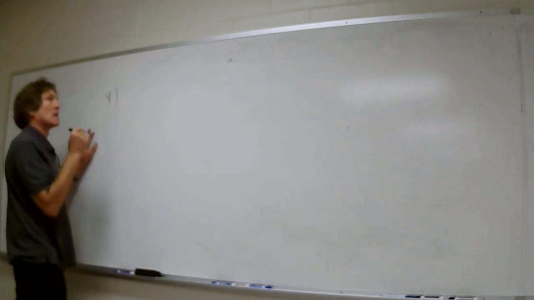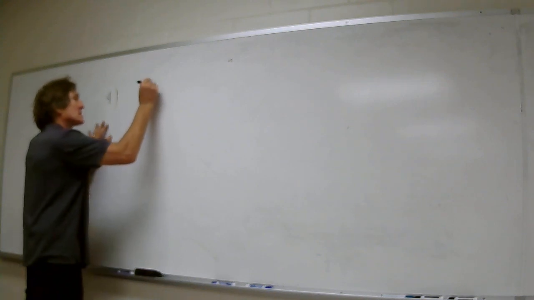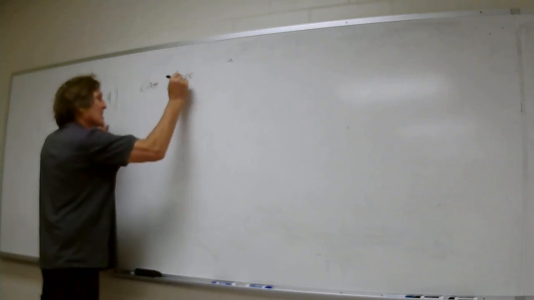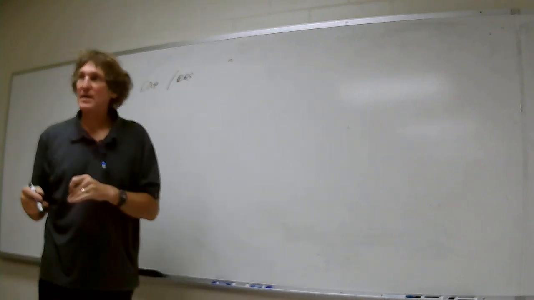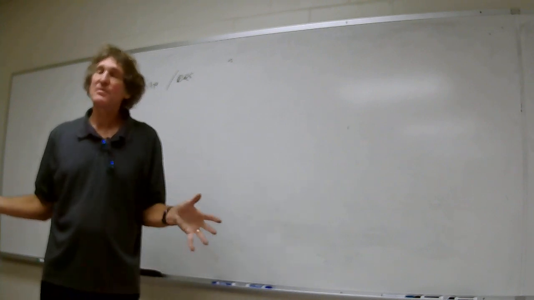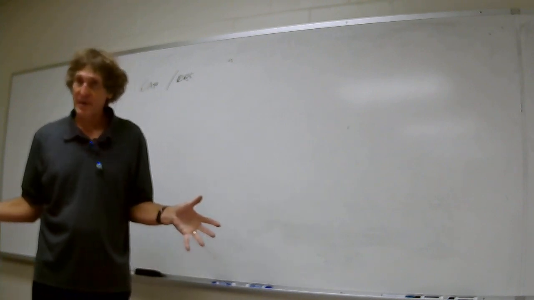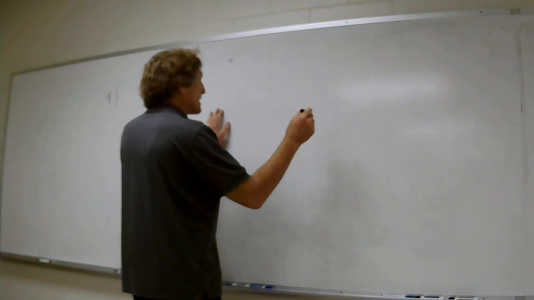Determine the capacitance for a spherical capacitor. I'm going to set it up, and this is another problem that we talked about. The big deal here is the dielectric changes.